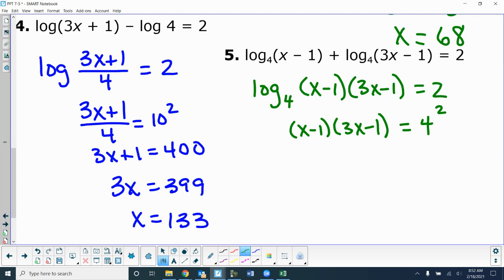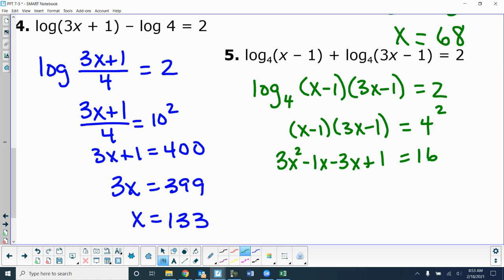All right, so what am I gonna have to do to finish this up? Yeah, we have to FOIL. So we got 3x squared minus 1x minus 3x plus 1 equals 16. All right, so it's a quadratic equation now because it has an x squared in it.